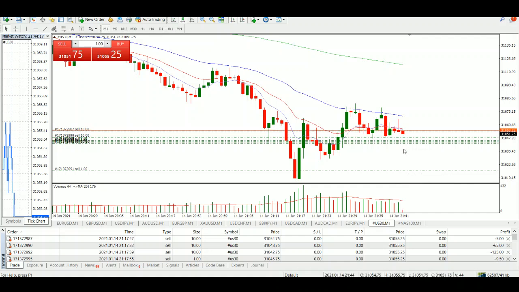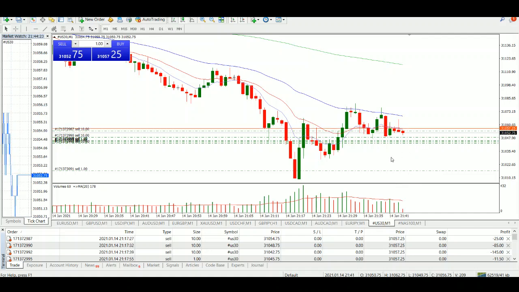Okay, price is heading downward. One big red candle can indicate the bounce off.